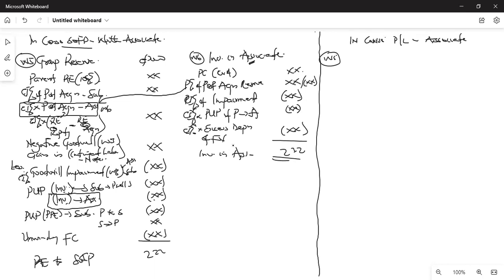That is all. In case you are doing Conso P&L, what you need to do is have a workings for the associate. Do you remember how we do it? We bring in what? P share of associate profit, just as we say P share of subsidiary profit.